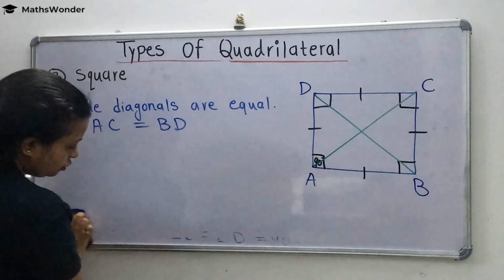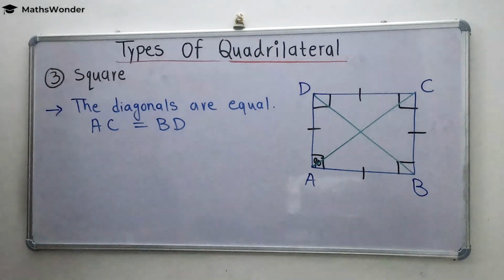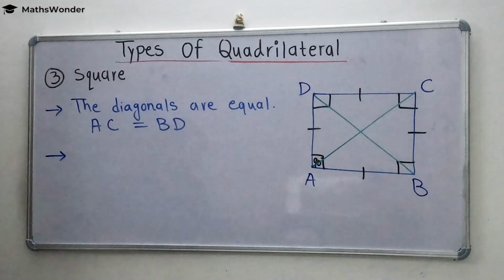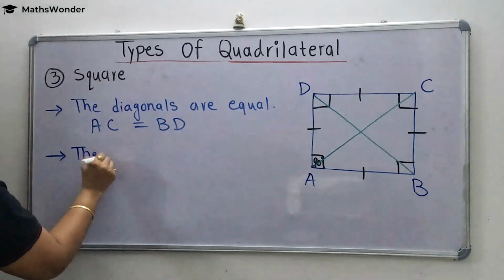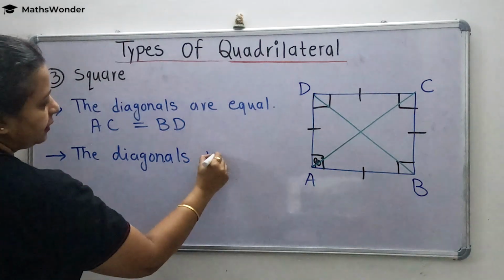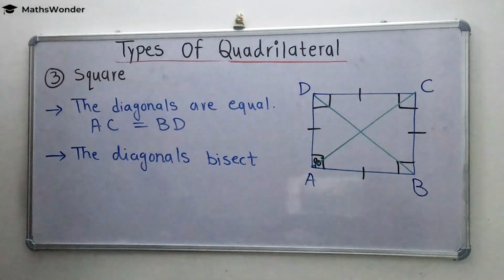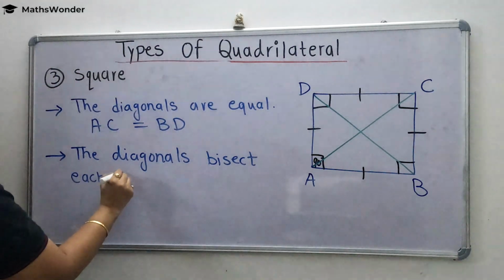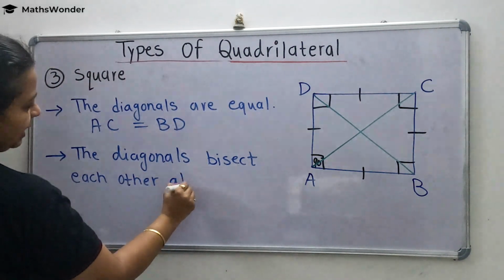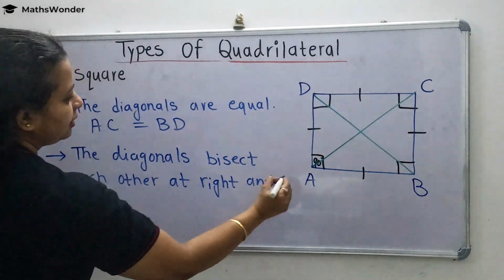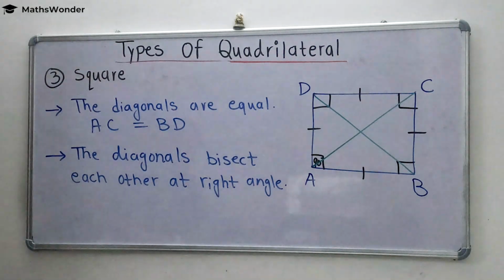Okay. So the last property is the diagonals bisect each other at right angle. What does it mean?